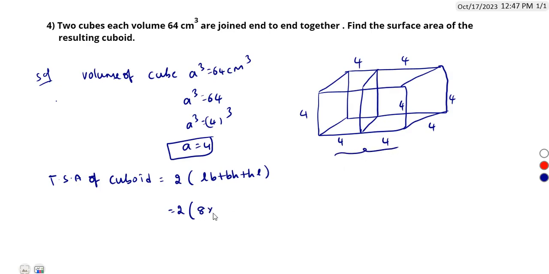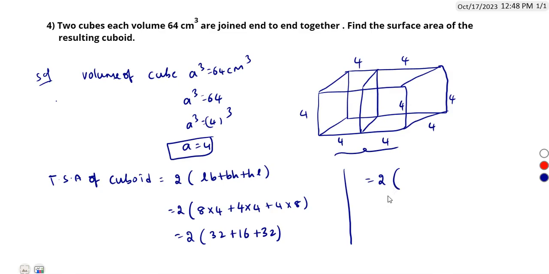So 8 into breadth 4, plus breadth 4 into height 4, plus height 4 into length 8. Now 8 fours are 32, plus 4 fours are 16, plus 8 fours are 32. Now 2 into, total 64 plus 16, that is 80. 2 into 80 is 160.